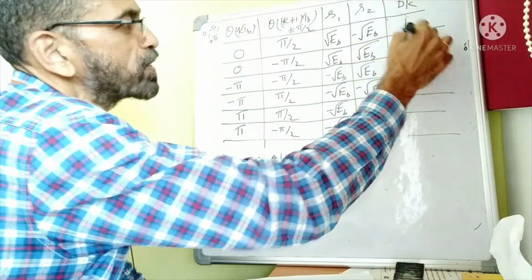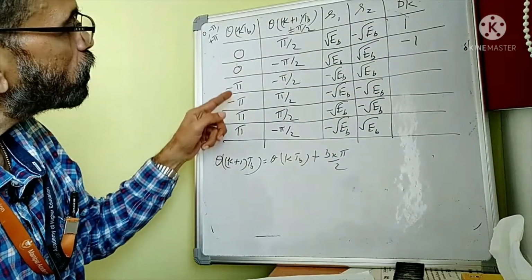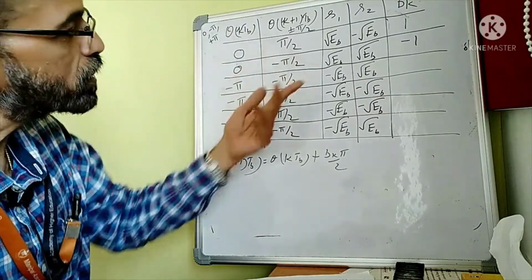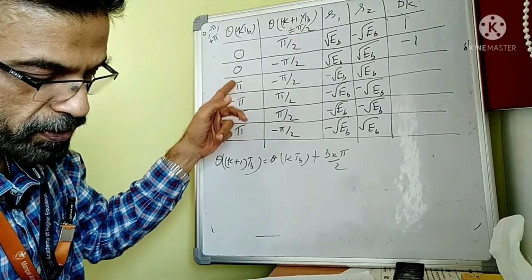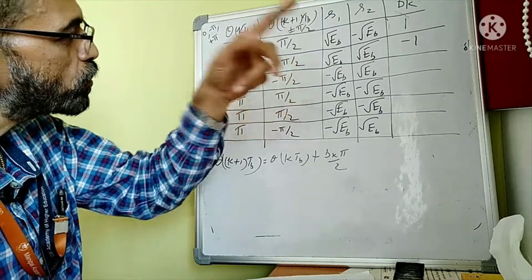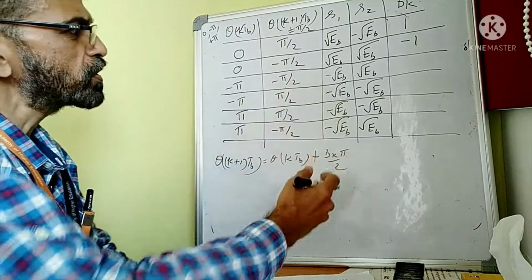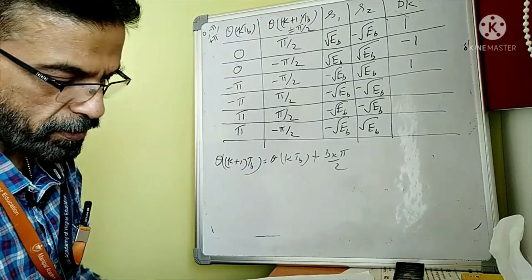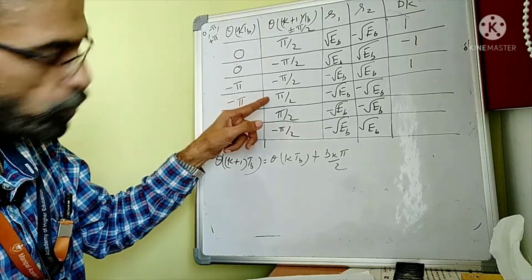So minus 1. And from minus pi by 2, this is increased by pi by 2, and hence you get 0. So since it's an increase by pi by 2, bk has to be 1. And then we have minus pi to pi by 2.